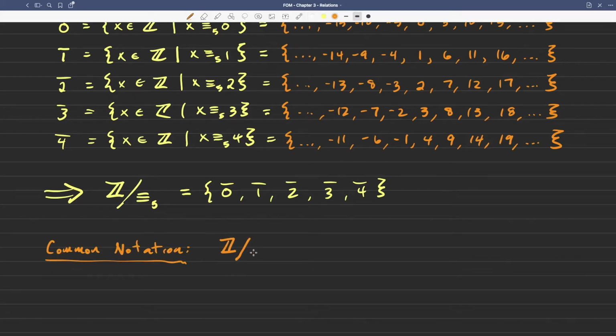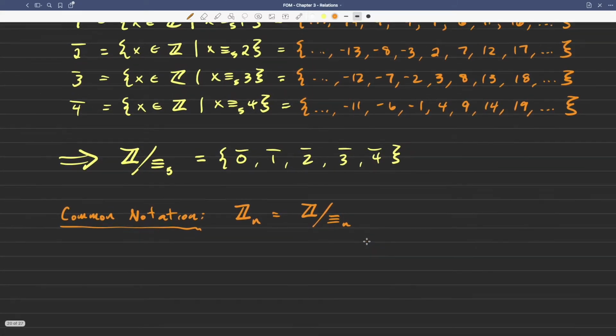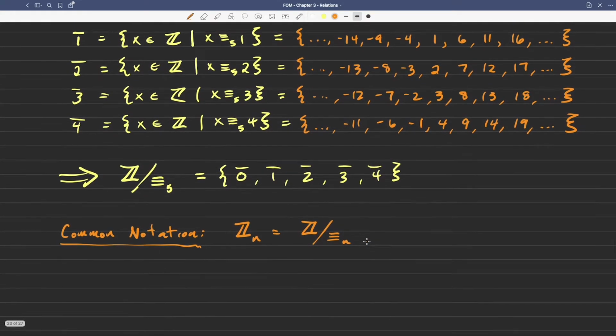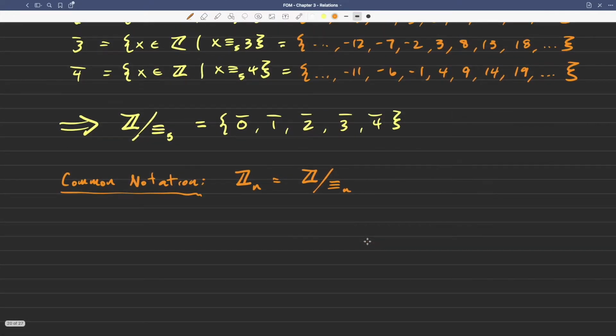Typically, it's just referred to as Z mod n, or Z n, just a simpler notation for that same set. This is a very important quotient space that gets used quite a lot, especially in the land of number theory. And it's closely related to the idea of residues that we talked about back in the basic number theory chapter. The distinct equivalence classes are represented by exactly the remainders. And when you do residues, that's what residues are: the remainder when you divide by n, where n is the modulus under consideration.